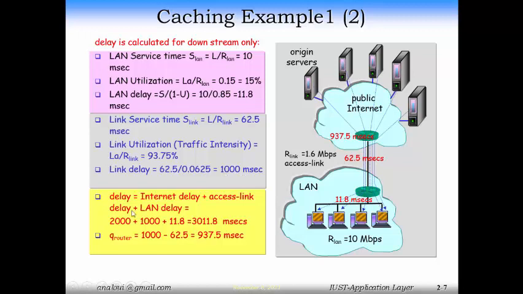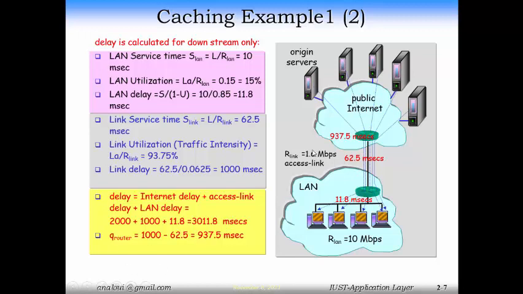So simply, if I want to calculate the total delay, I can say that the total delay is internet delay plus access link delay plus LAN delay. So I have spent more than 3 seconds to download the responses.